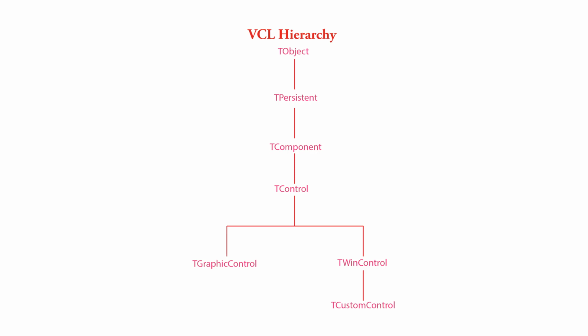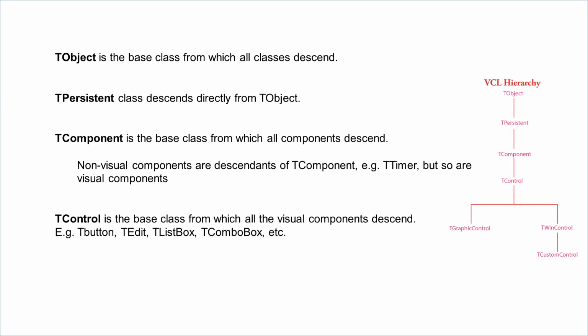Okay, there is a VCL hierarchy, and it starts with TObject, and then TPersistent, which is derived from TObject, TComponent is derived from TPersistent, TControl is derived from TComponent, and then the two types of TControl, that's the TWinControl and the TGraphicControl.